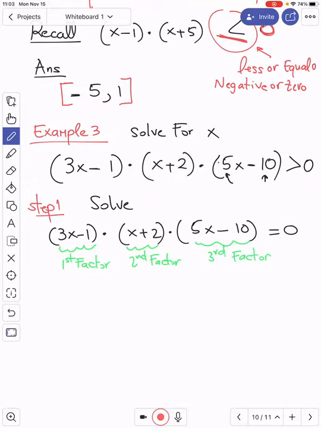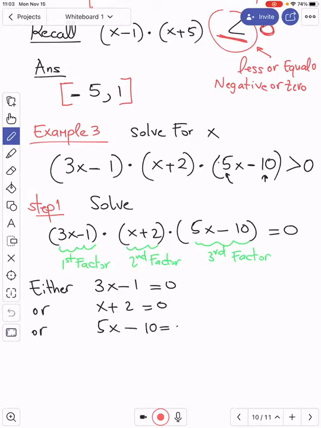So then either 3x - 1 is 0, or x + 2 is 0, or 5x - 10 is 0.